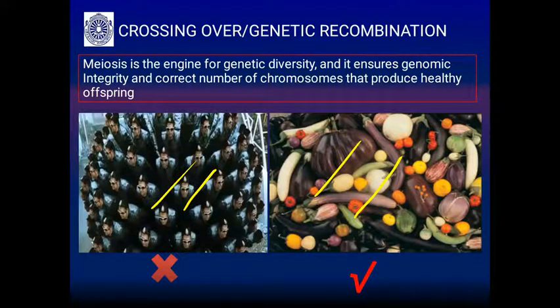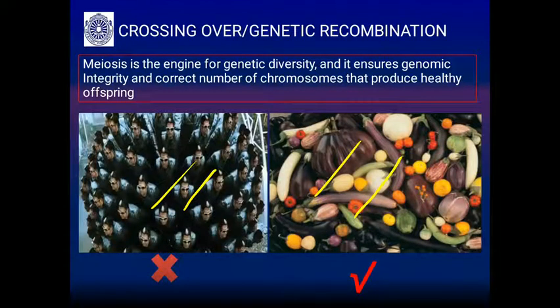In terms of phenotypic traits, in terms of length, width, color and so many things you will find differences. How is this formed? It is because of the process called crossing over or genetic recombination that occurs during pachytene of meiosis.